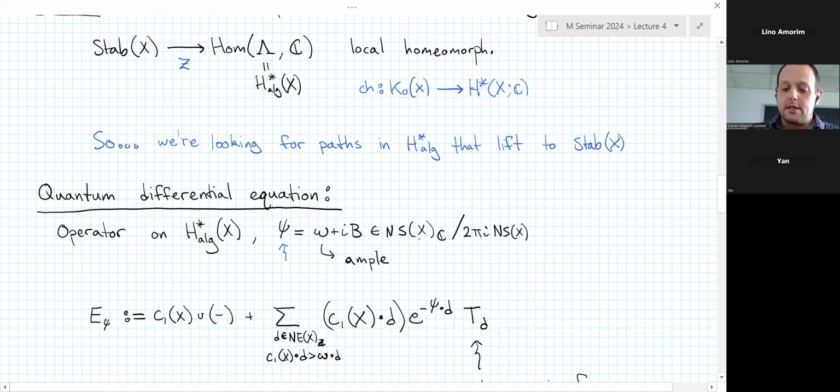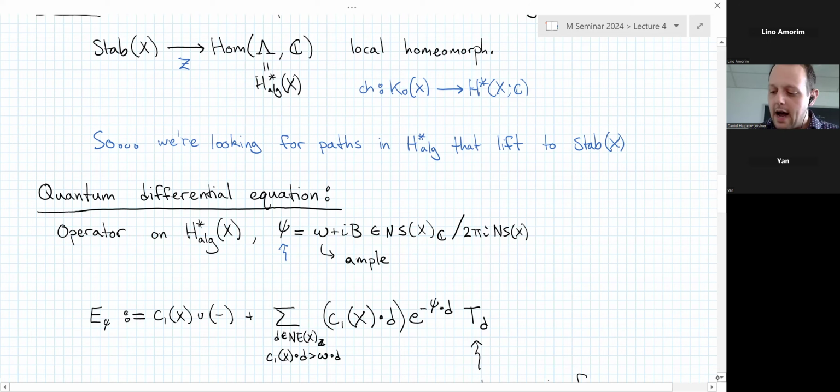You think of this as living in the quotient of the complexified Néron-Severi group of X by 2πi times the integral classes. That's because the parameter always appears in the formula as e to the psi dot d, where d is an actual curve class, so B is only really defined up to translation by 2π times an integer cohomology class.